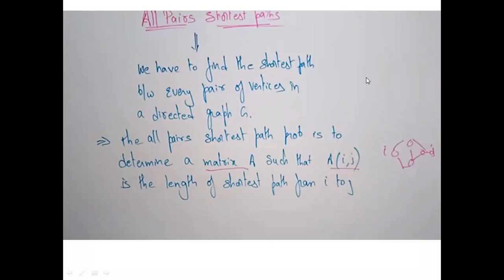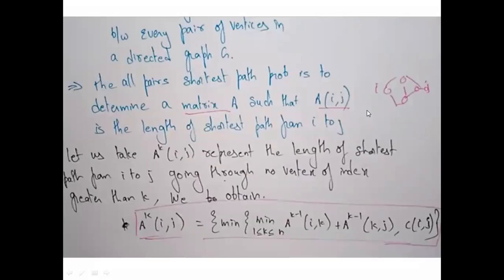To solve this problem, there is a formula. The formula is A power k of i comma j equal to the minimum, for 1 less than or equal to k less than or equal to n, of A power k minus 1 of i comma k plus A power k minus 1 of k comma j, and c of i comma j.